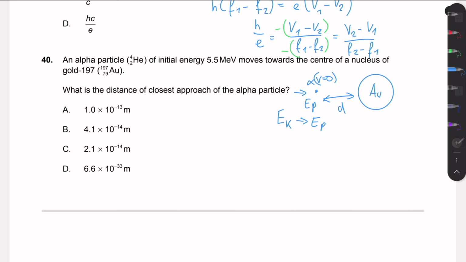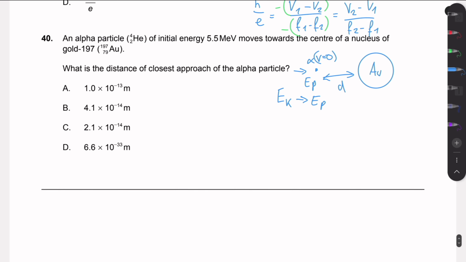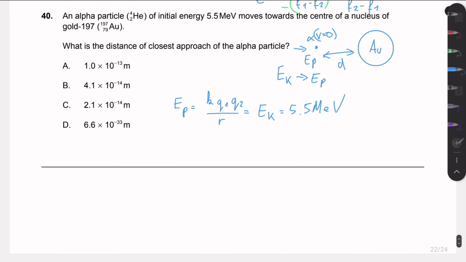So we only have potential energy, and so we know potential energy is just k Q1 Q2 divided by r. This is equal to the kinetic energy, which was 5.5 mega electron volts. So all we need to do is plug in now and convert some of the things. So k is 9 times 10 to the 9.